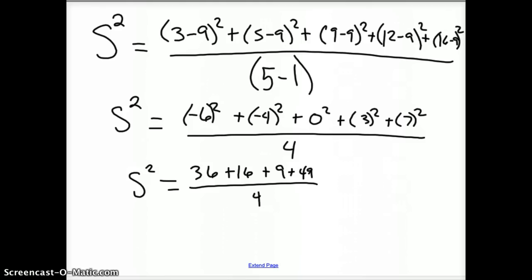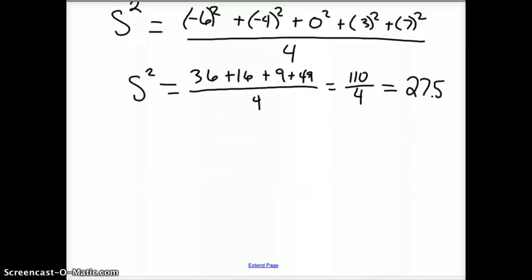And I do believe that's 110. I didn't write it down. So 36 plus 16 plus 9 plus 49, yep, that's 110 divided by 4. So my variance, if you divide that by 4, is 27.5. So much larger than the 0.4 we got with the Yorkshire puppies.